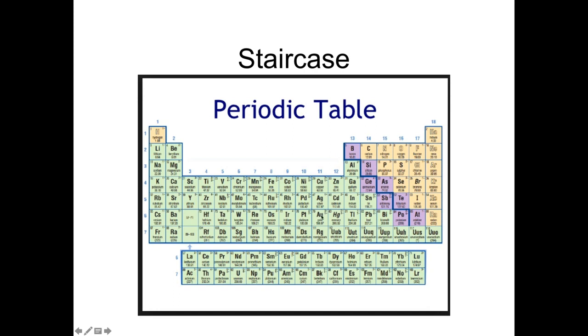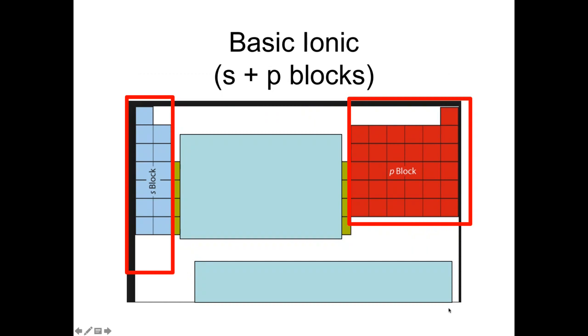And then along the staircase are the metalloids, or the semi-metals. It's good to keep this apart, because if you keep track of where things are on the periodic table, that'll really bring into focus how to name something correctly. So we're going to start off real basic when it comes to naming.